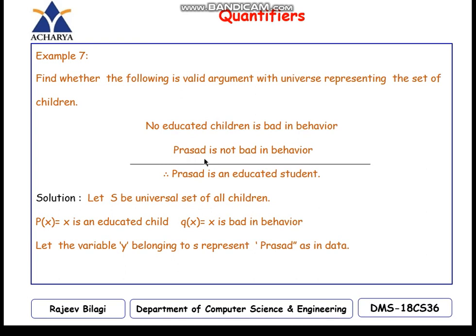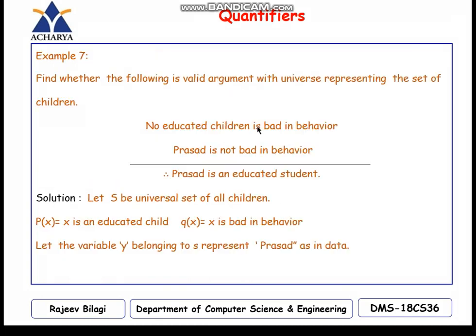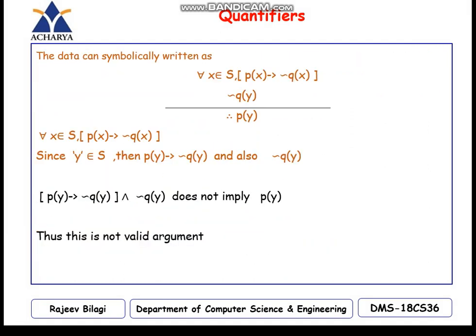So what I have taken is y, and behavior is related to Q, so I can write it as negation of Q of y. Next is Prasad is an educated student. That is related to P, so I can write it as therefore P of y.